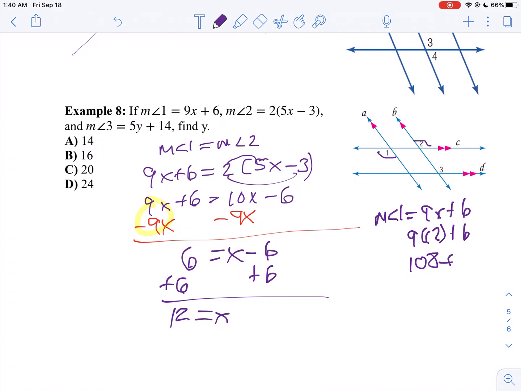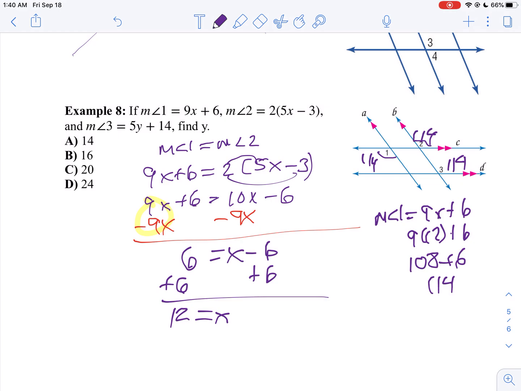Plus 6 would be 114 degrees. So angle 1 is 114 degrees. Angle 2 is 114 degrees. Now notice if we use B as my transversal, lines C and D are parallel, angle 2 and angle 3 are congruent. So in other words, angle 3 is also 114 degrees.